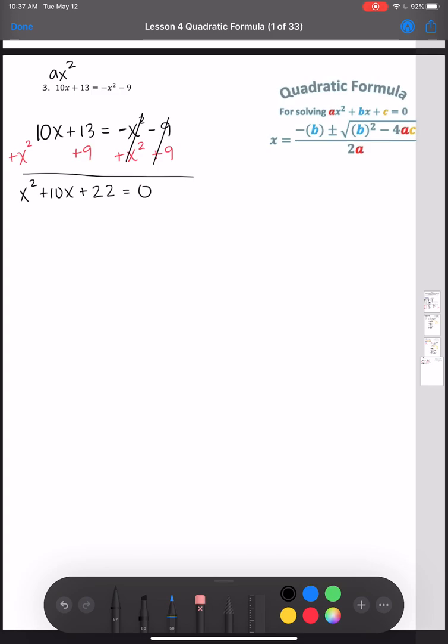So now we have ax squared plus bx plus c is equal to 0. All right, one last time. There's an invisible 1 here, so a is equal to 1. B is equal to 10, and C is equal to 22.